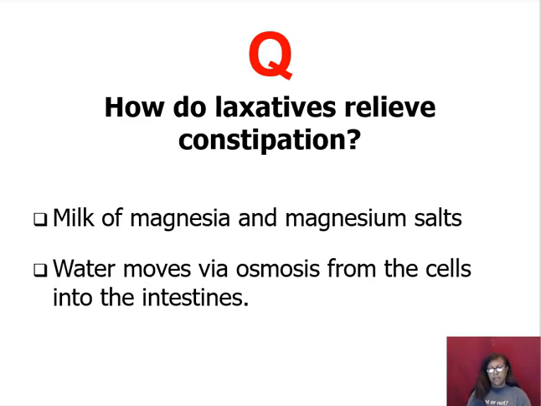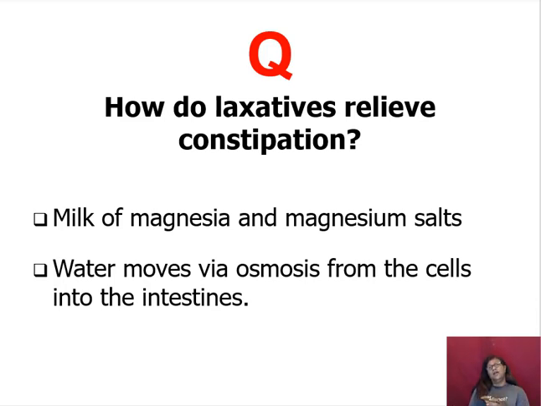Well, think about it. So milk of magnesia, which means we've got all these magnesium particles, or magnesium salts, which means we've got all of these magnesium salt particles that are in there. When you take that in, you've got a high particle concentration relative to what's going on in your intestine, and the water is going to move via osmosis from the cells into the intestine.